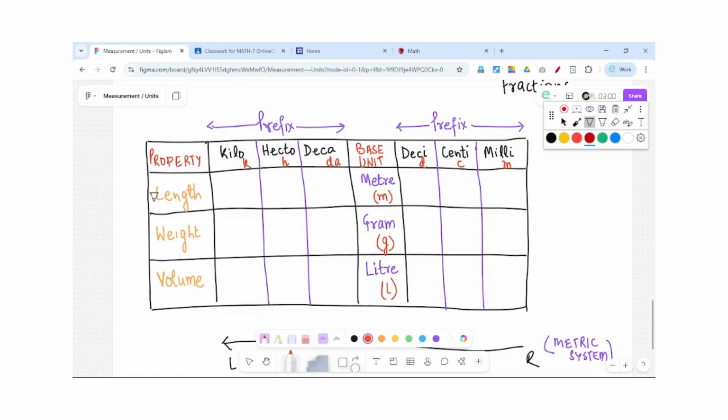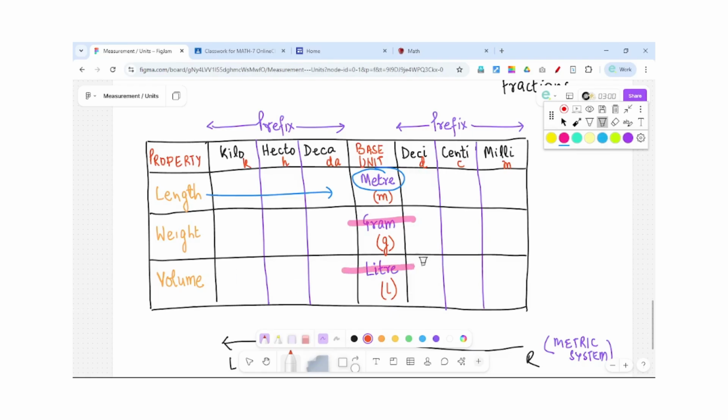In the first column we have different properties like length, weight and volume. Then we have the base unit, so you draw a column in the center and we write the base unit. For length, the base unit is meter. For weight, the base unit is gram.